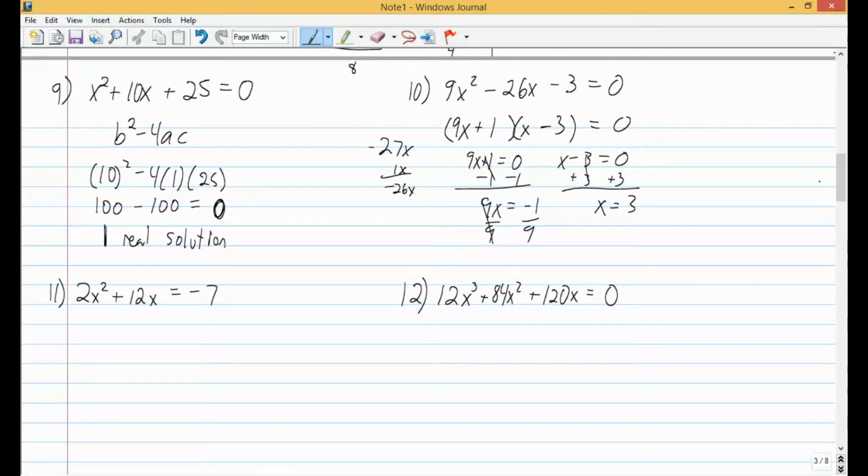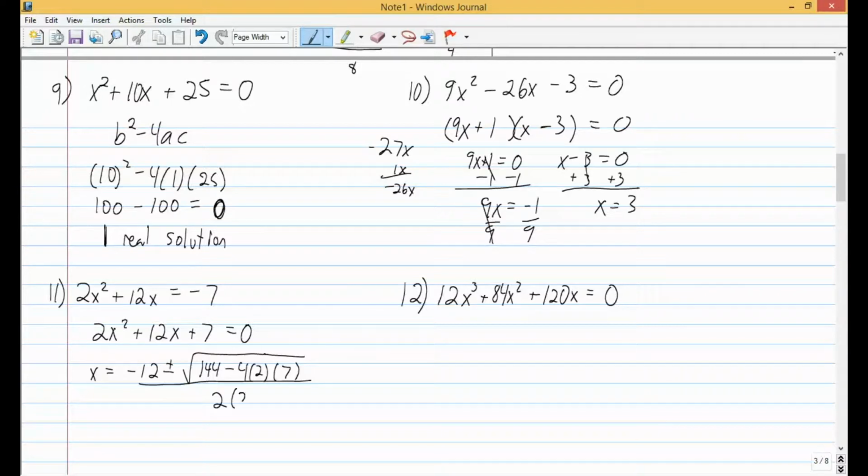Number 11, move everything to one side, and it doesn't look like that's going to factor, so I'm going to use the quadratic formula. So that's negative b plus or minus the square root of 12 times 12 is 144, that's b squared, minus 4 times a is 2, times c is 7, all over 2a, and a again is 2.